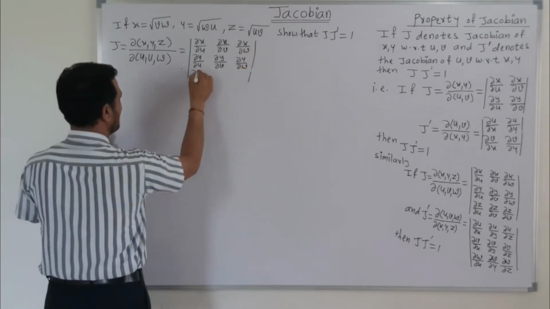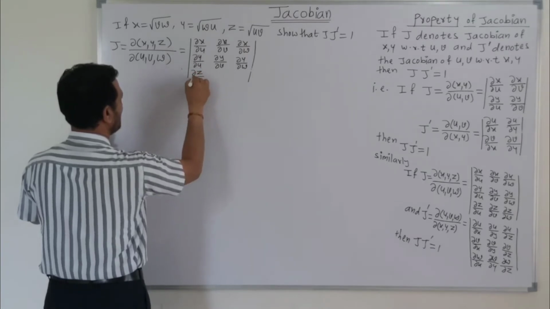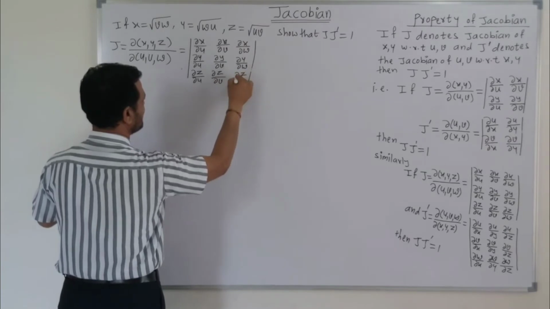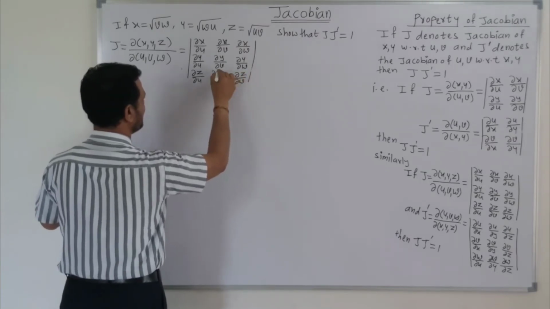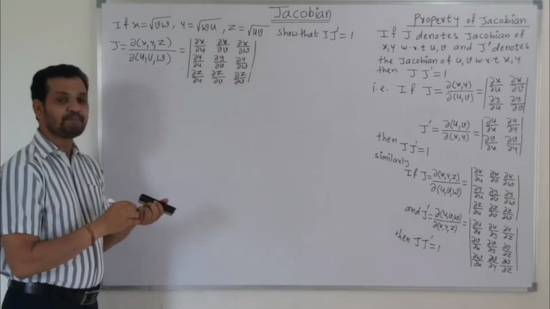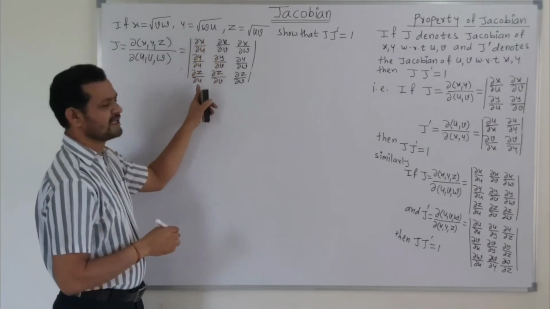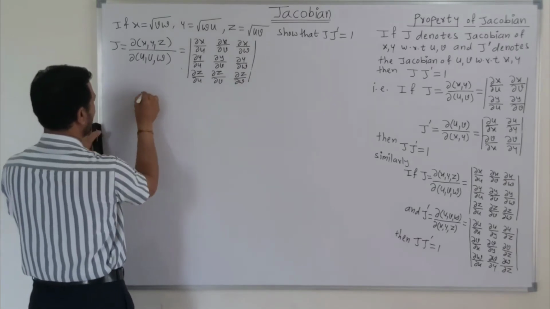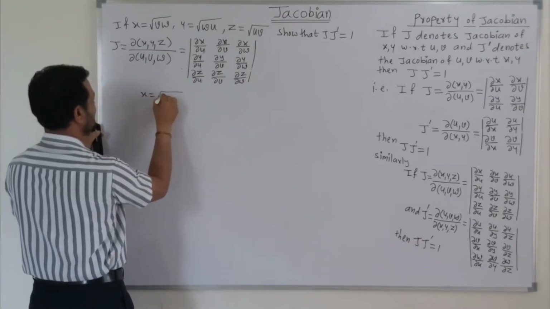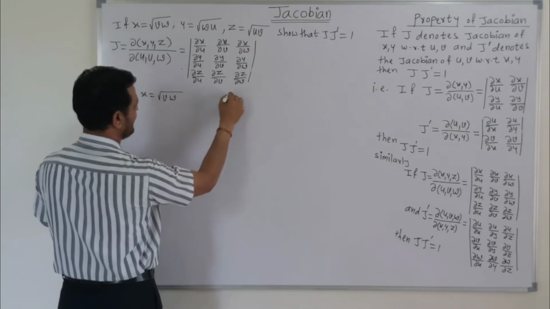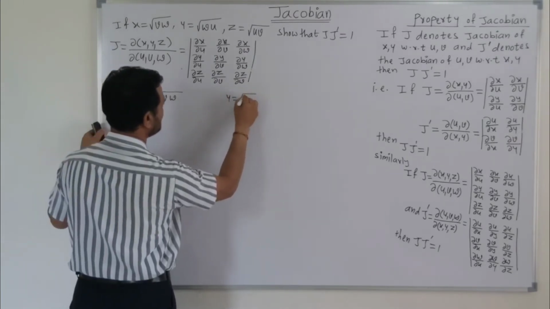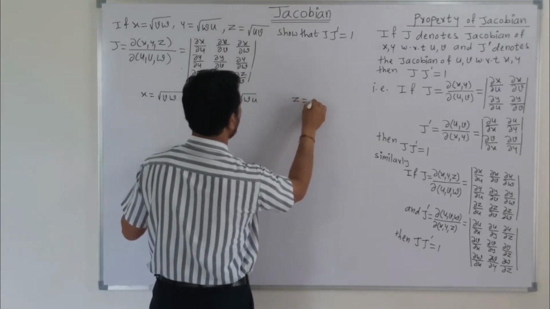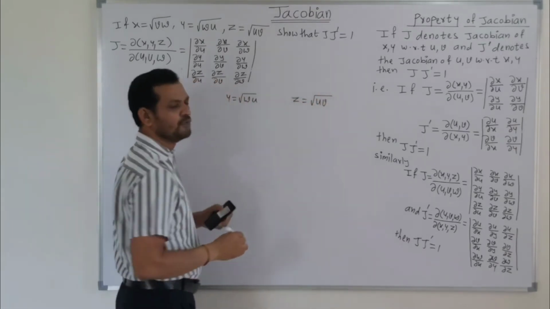Again, the partial derivative of z with respect to u, v and w. So here we take the partial derivatives of x, y, z with respect to u, v, w. The value of x is given as vw, that of y is root of wu, and z is given as root of uv.